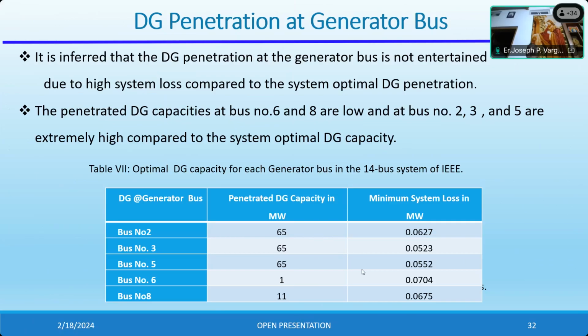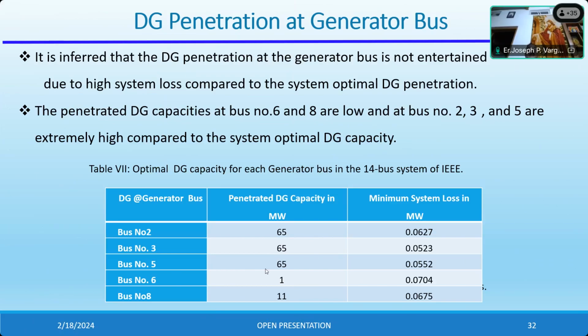And the optimal values we obtain for bus numbers 6 and 8 are very low. That is, it is inferred that DG penetration at the generator bus is not at all entertained due to high system loss compared to the optimal DG penetration. And the penetrated DG capacities at bus numbers 6 and 8 are low.